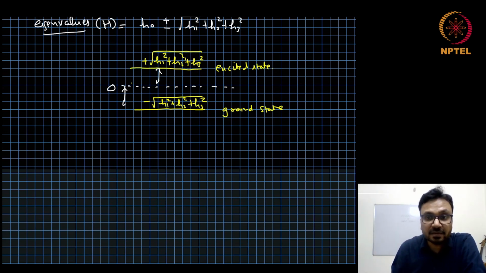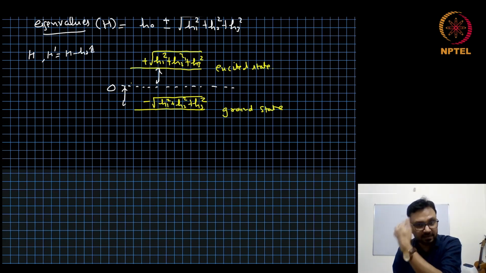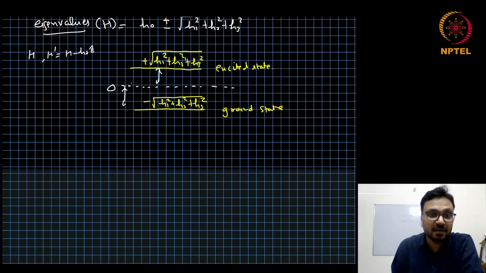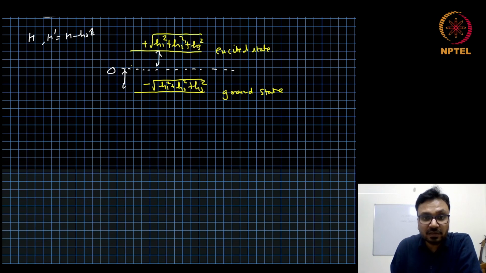So it means the Hamiltonian H and H prime equals H minus h0 times identity will have the same behavior. Now we can call this energy E over 2 and this minus E over 2, or this is h bar omega over 2 and this is minus h bar omega over 2.